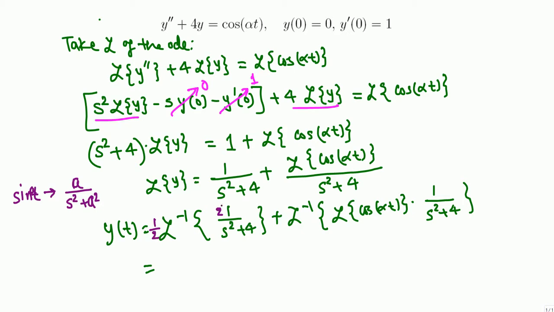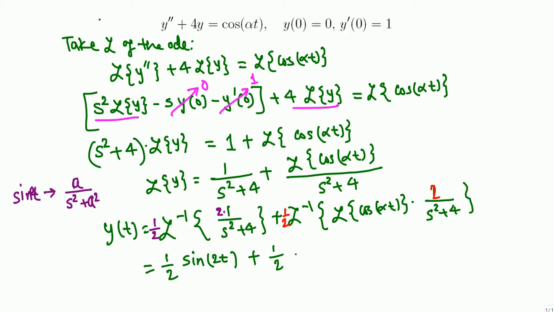So this is a over s squared plus a squared, then inverse Laplace will be 1/2 sine at, so 1/2 sine 2t, plus same thing here, we are missing 2, so we multiply by 1/2 and 2 there.